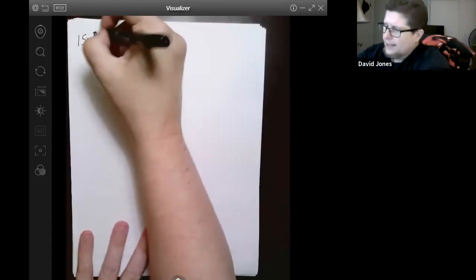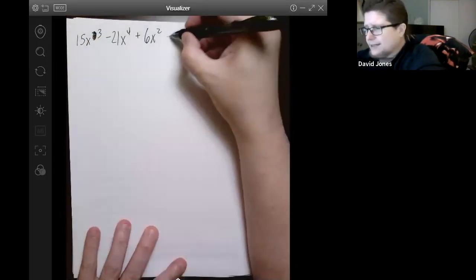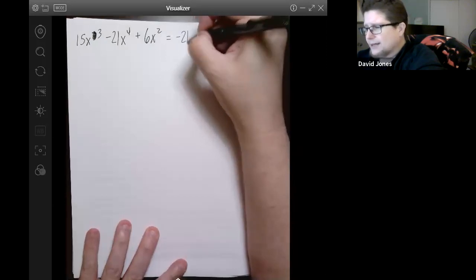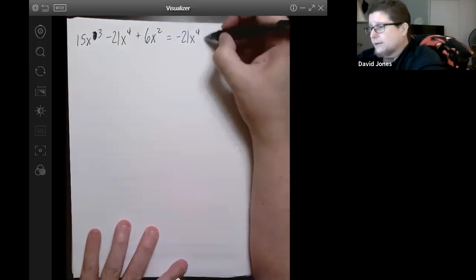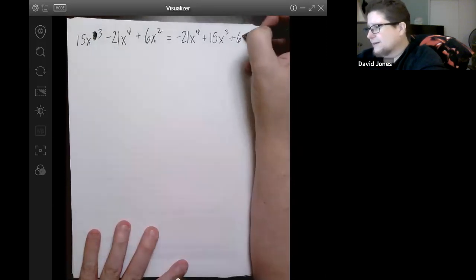So that's a 3. I suggest you rewrite this in descending order. The biggest exponent is x to the 4th. Then x cubed. Then 6x squared.